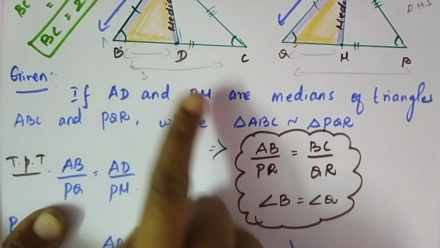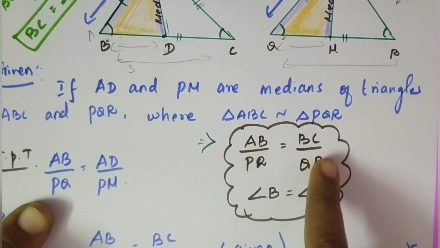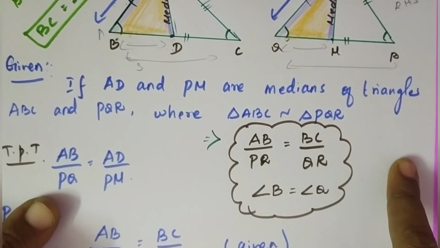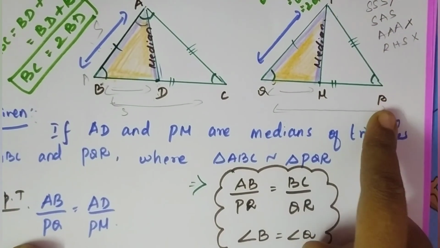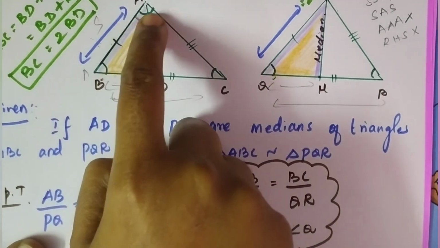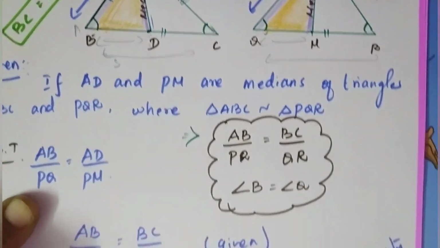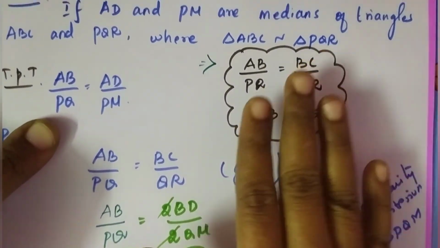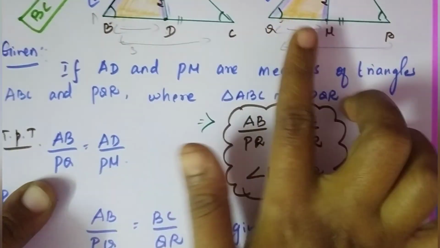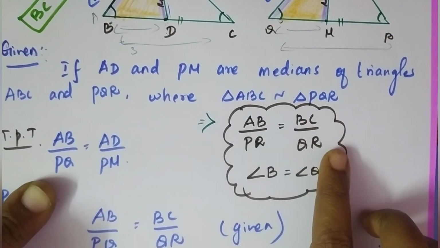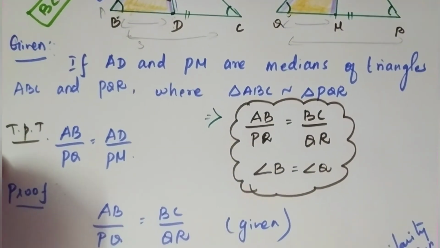Based on that, I have chosen the corresponding sides. We can take all the sides also. We can take AC proportional to PR also, and angle A equal to angle P, and angle C and angle R also.